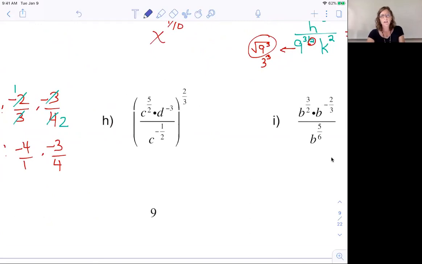I'll give you a little bit here, see if you can work through them. Letter H, you can choose to distribute first, or you could choose to work inside the parentheses and simplify first. It is up to you how you choose to think about where to start the problem.